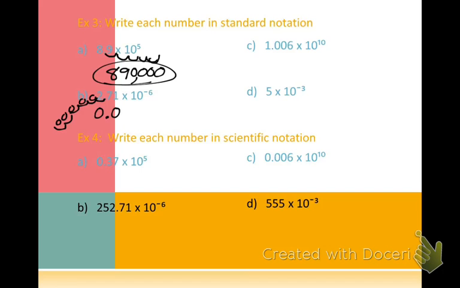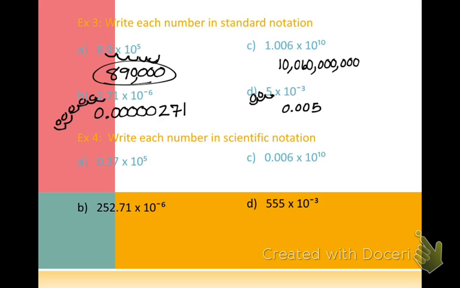You have to put a 0 in front. It's basically doing the same thing. If it's a negative exponent, you go to the left. If it's a positive, you go to the right. You're just moving the decimal. There are your answers for C and D. You move it over 10 spots and move it over 3 spots.